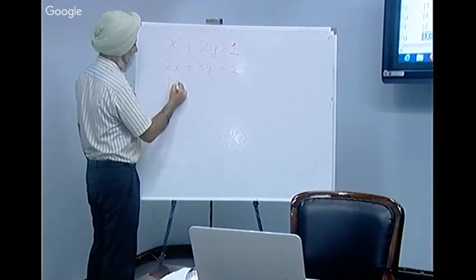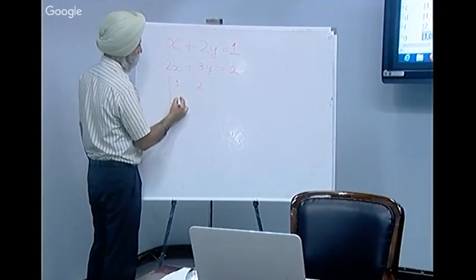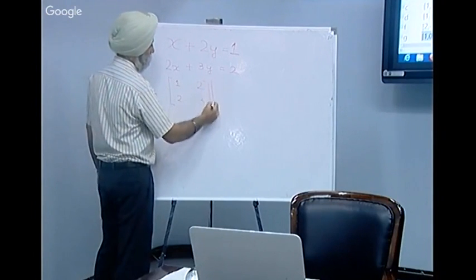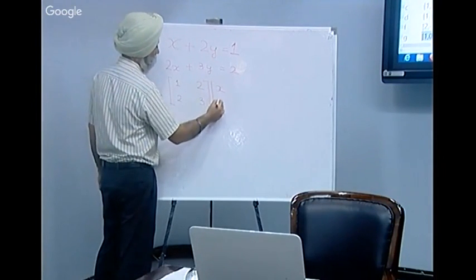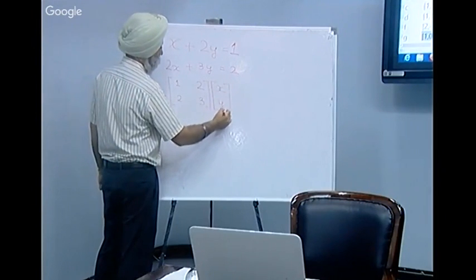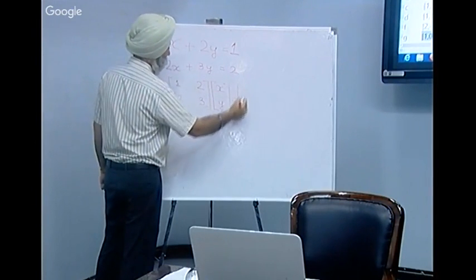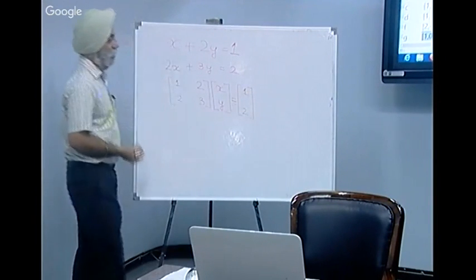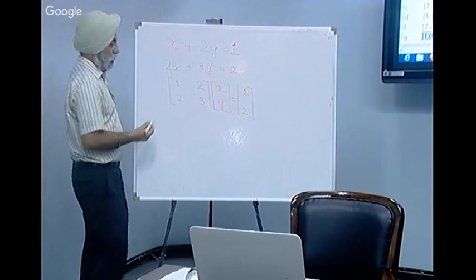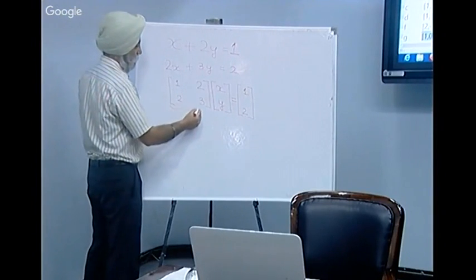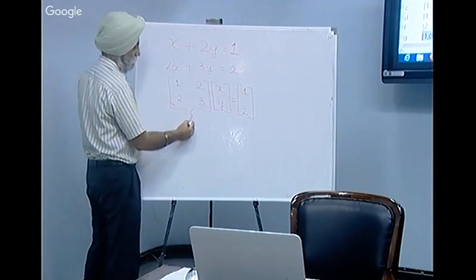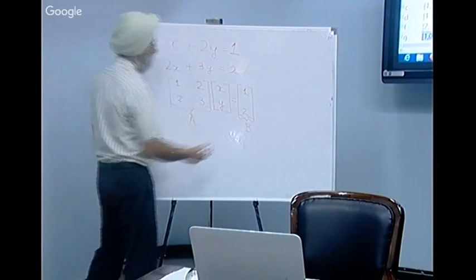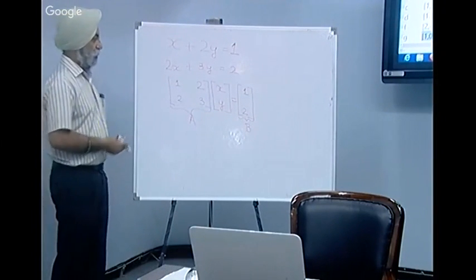That is, we write the coefficients. So all we need to do is create these two matrices, A and B.